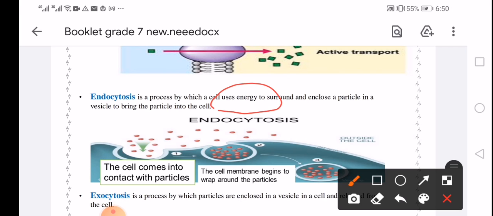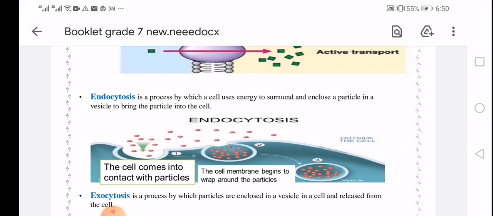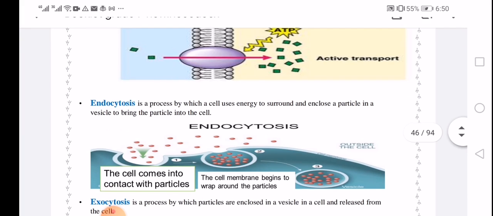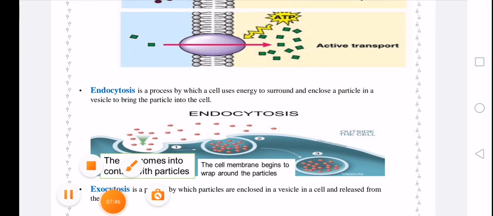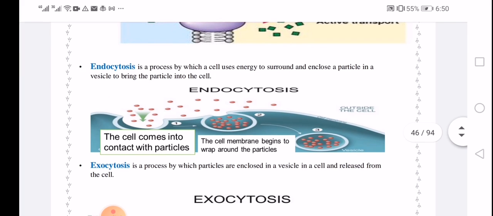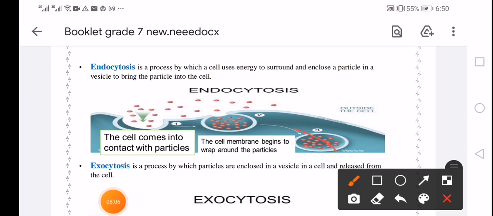Look what happens first. The cell comes in contact with the particle, then the cell membrane begins to wrap around the particle and brings it into the cell.